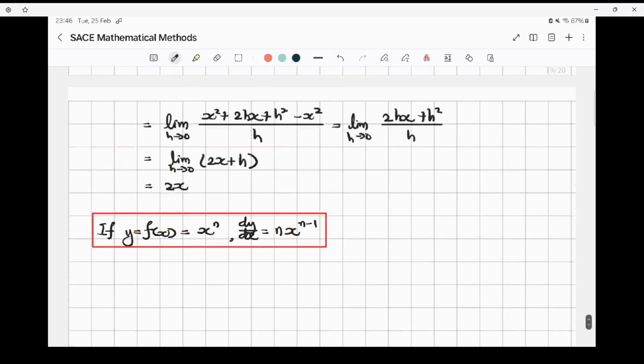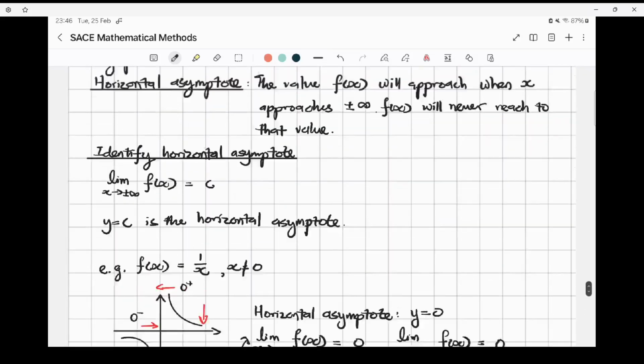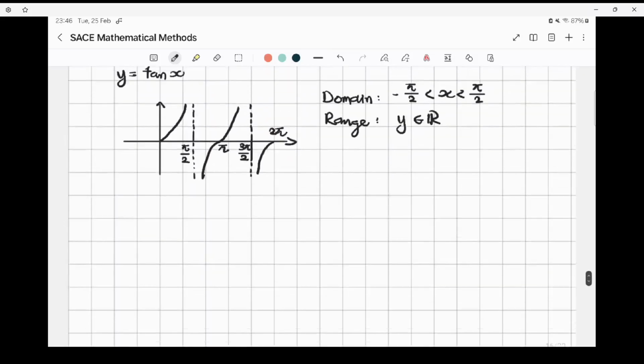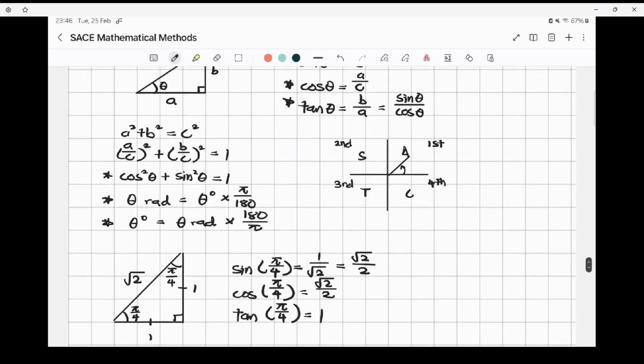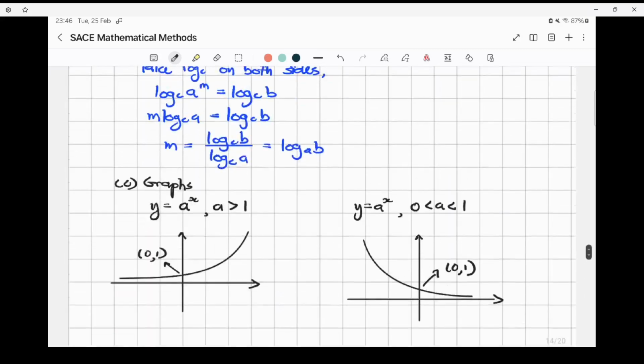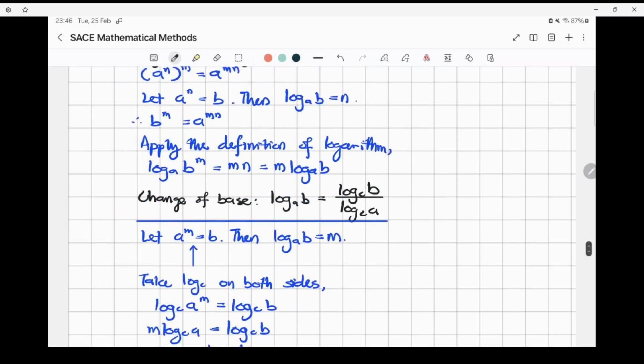So for those that are not covered in the SACE syllabus, I would still teach you how to do it, but for those particular cases, I will mark it with the blue colored pen, which you can also see here. So these are blue colored. Essentially, you don't need to know how to prove it, but it's good if you can do it.